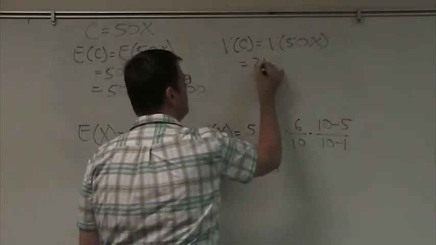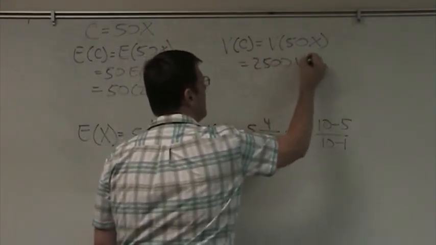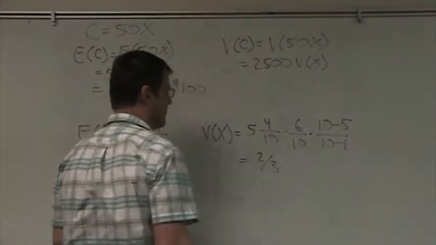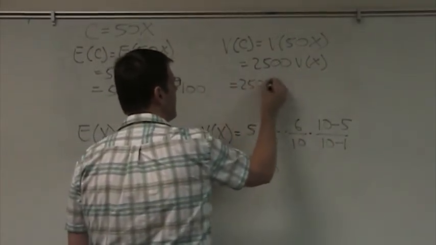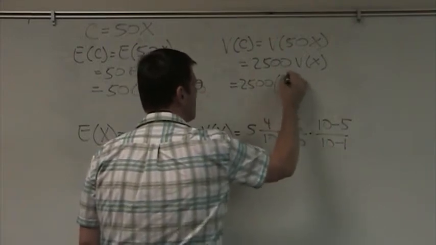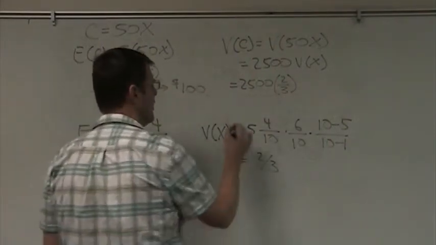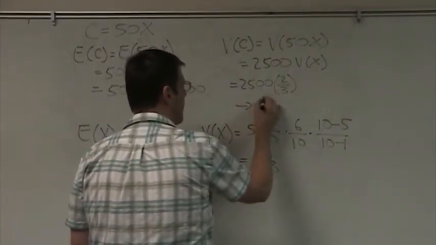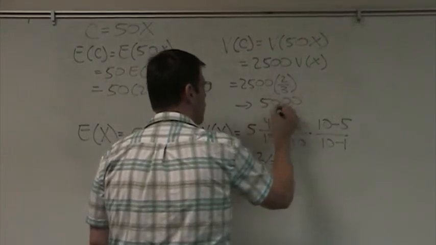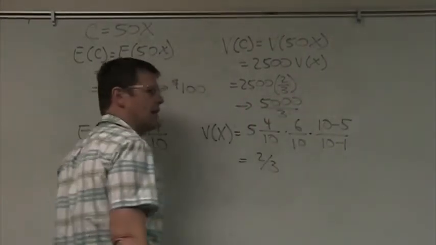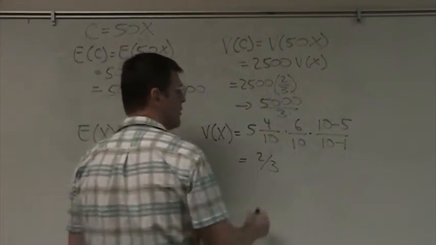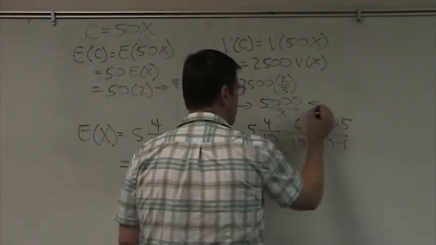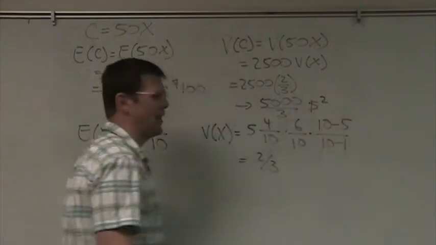So this is 2,500 times the variance of x. So that's going to be 2,500 times 2/3. And so what we end up with is 5,000 over 3. And remember here that the units are the units squared for the original measurement. So this is going to be dollars squared.